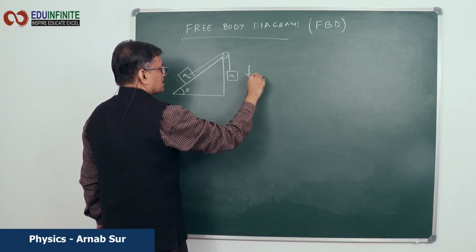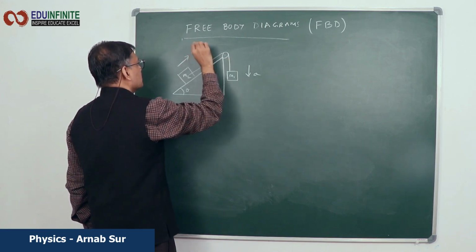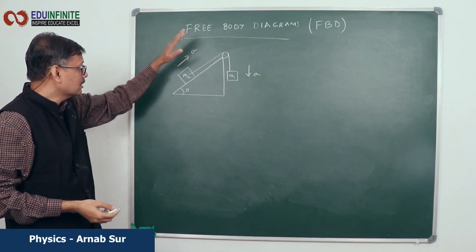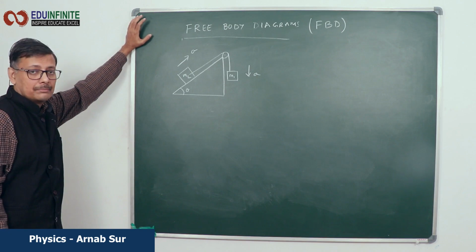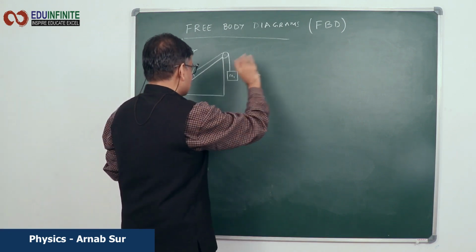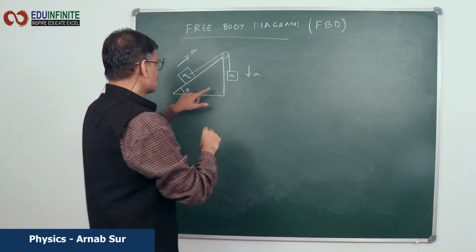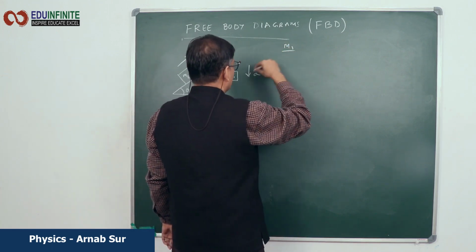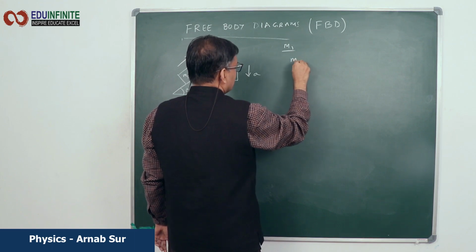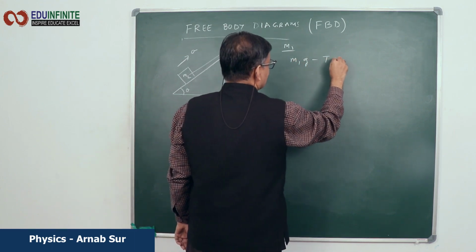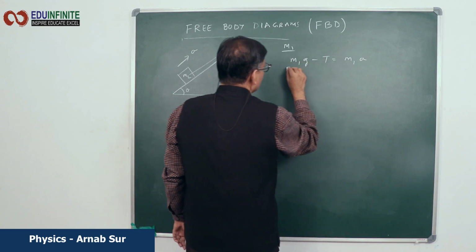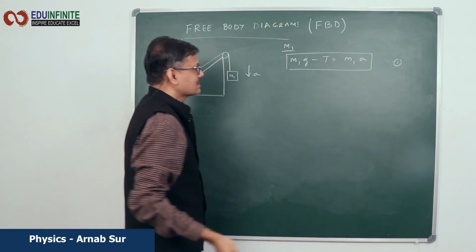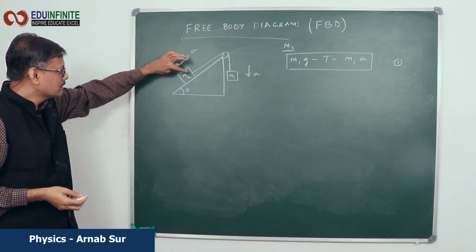And we assume that the data is given such that M1 is going down and M2 is moving up. And there is no friction anywhere. So for M1, because we have already done it in previous cases, the equation will be M1g minus T is equal to M1a. I am not going into the details of this, same as the previous case, but let me do this case.